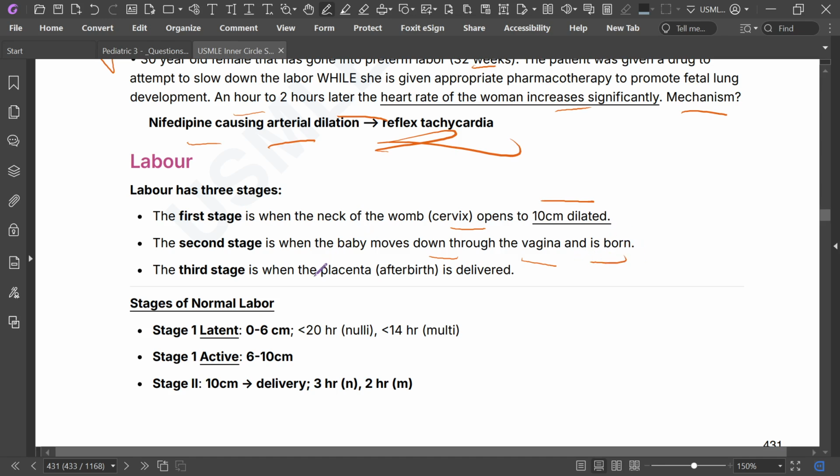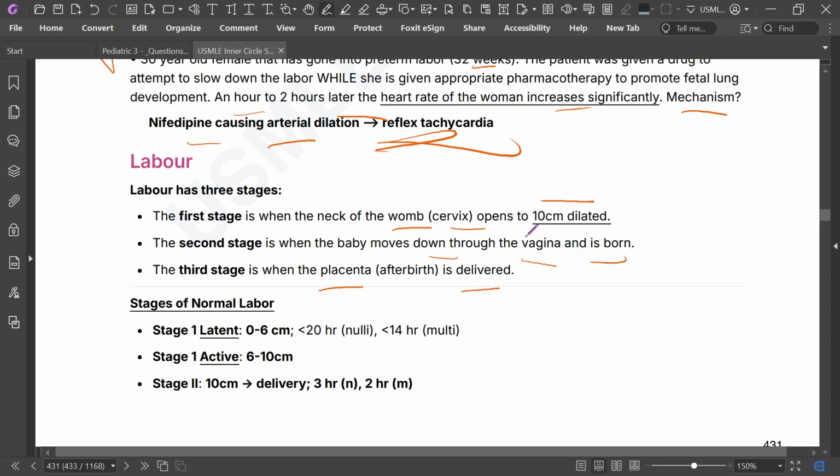And the third stage is when the placenta is delivered after birth.